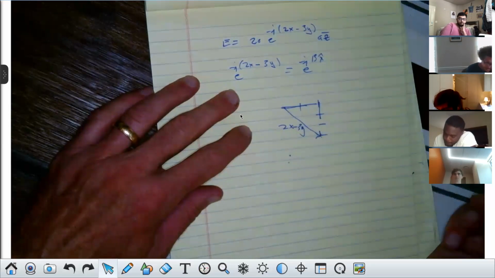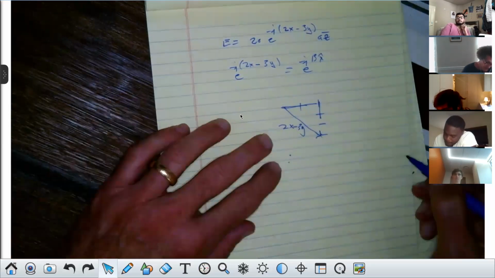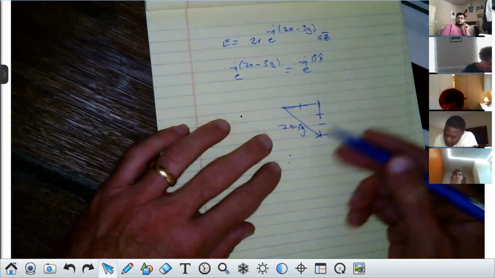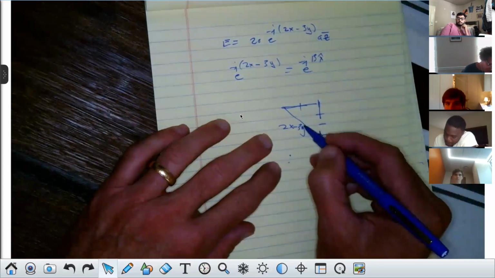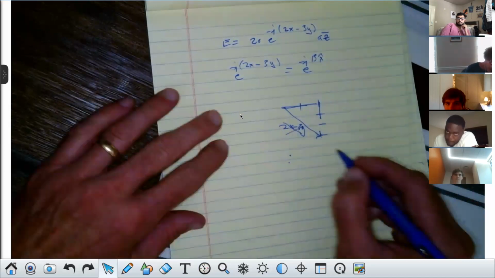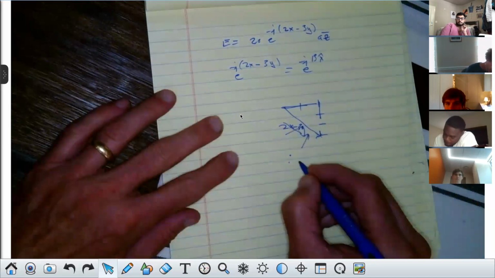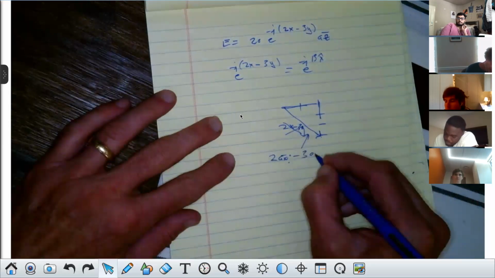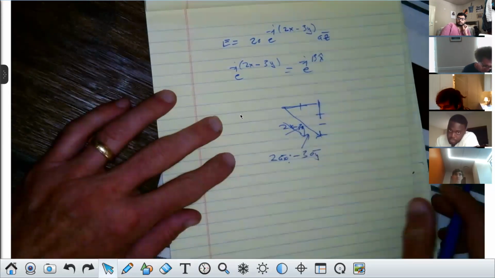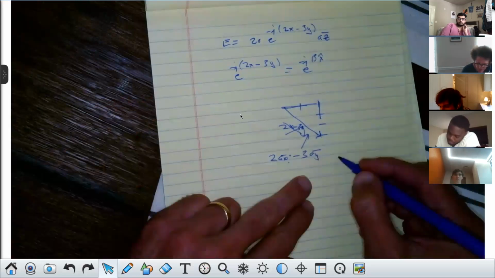What I should say is that this is 2ax minus 3ay. I'm going to use the x and y. Well, that's a vector in the direction of propagation.